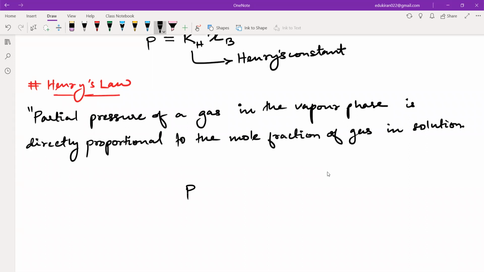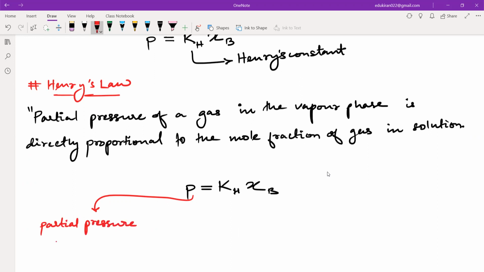Again, write this formula: P is equal to KH into chi B. So the P here is telling me about the partial pressure of gas in vapor phase.